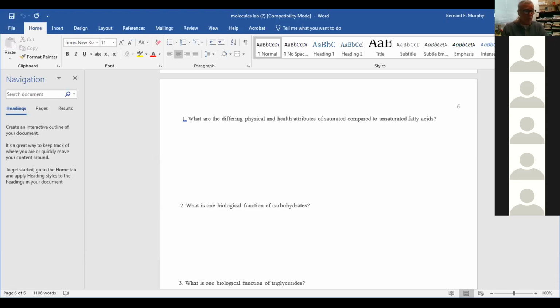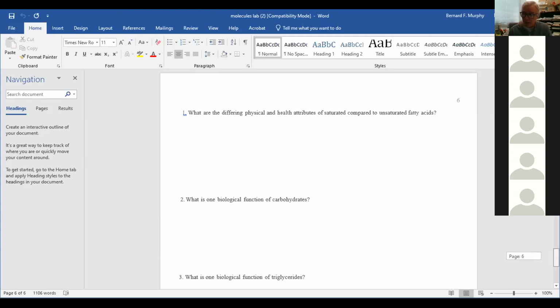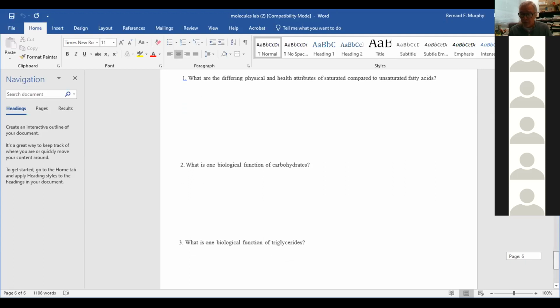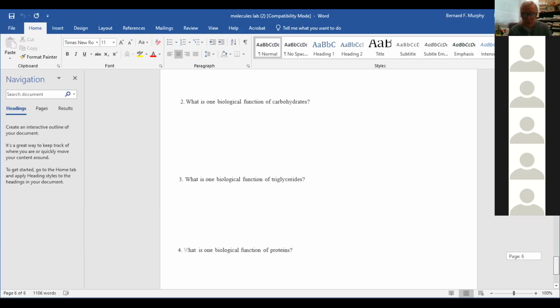And that's usually a good thing. So that's some function of carbohydrates. Even the indigestible carbohydrate has an important biological function. Okay. Next, biological function, triglycerides. What does fat do for you?